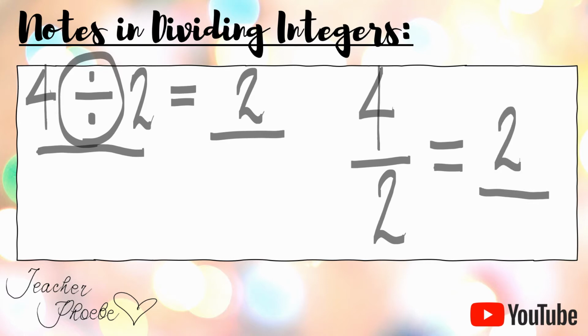Ibig sabihin, etong symbol na to natin na division, and this one in a fraction form, they all mean the same. That is, you are going to divide. Kasi hindi na kayo makakakita ng ganitong symbol. Alright? So, basta kapag nakakita kayo ng fraction, it means you are asked to determine the quotient. Magdi-divide kayo. Okay?